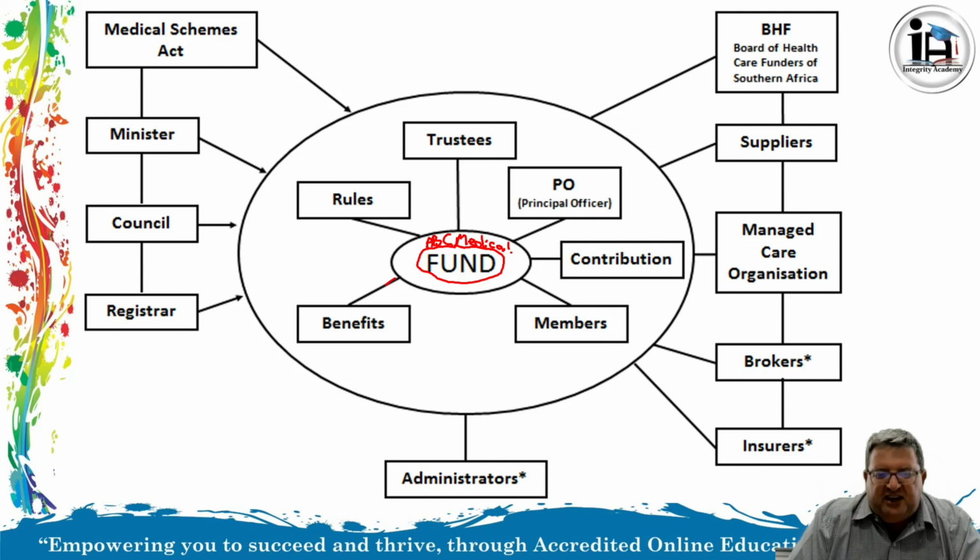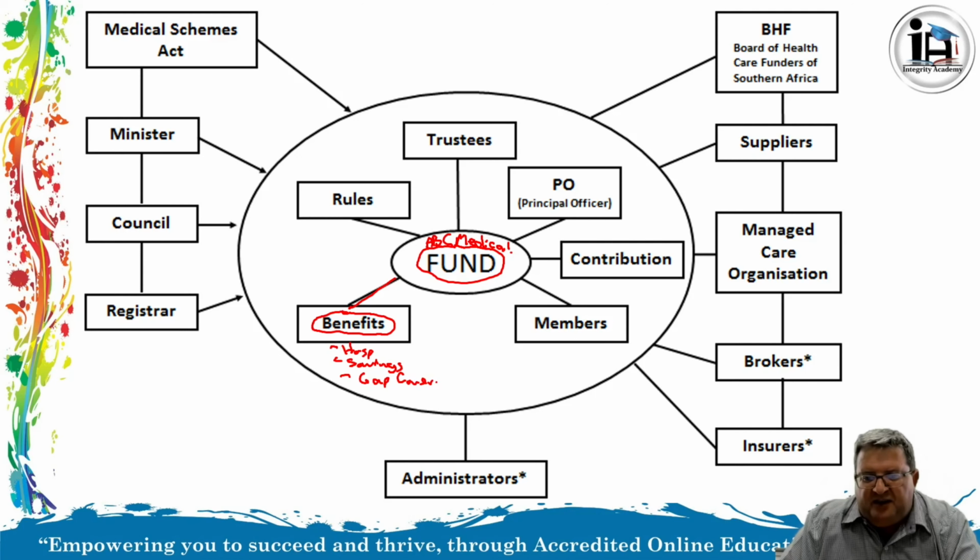And ABC Medical has certain benefits, like hospital benefits, hospital savings, gap cover, etc. And then you can say, here you are, the members of the fund. You and all the other members give your monthly contributions.